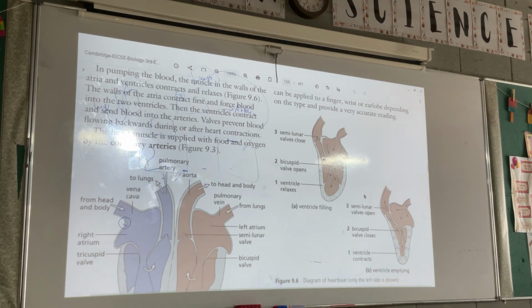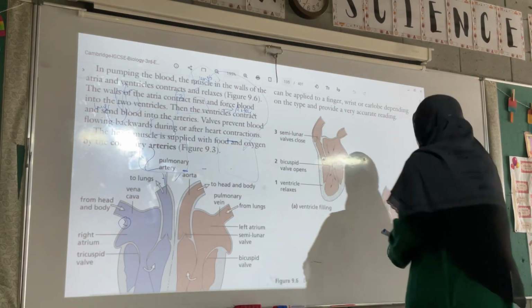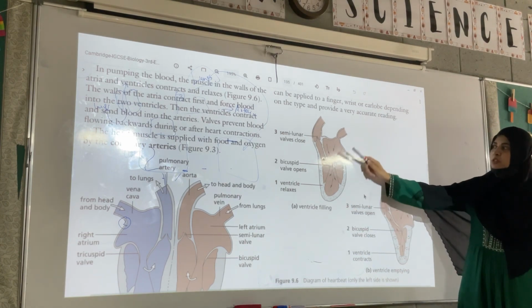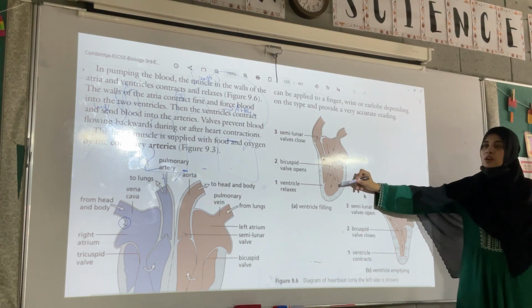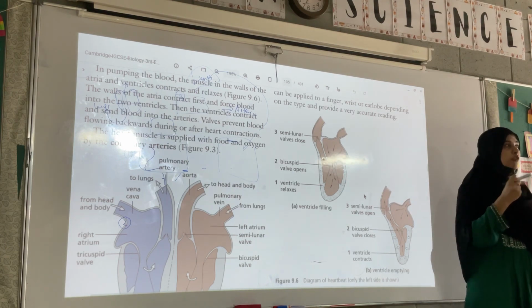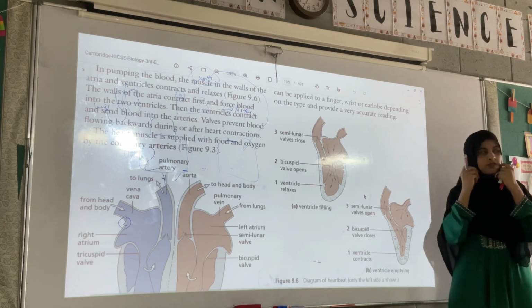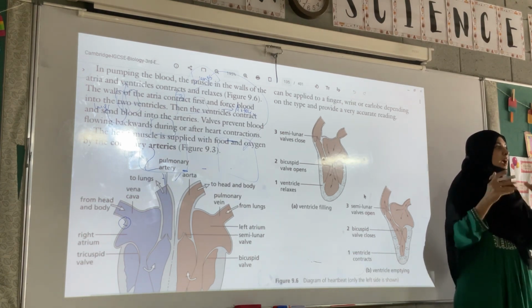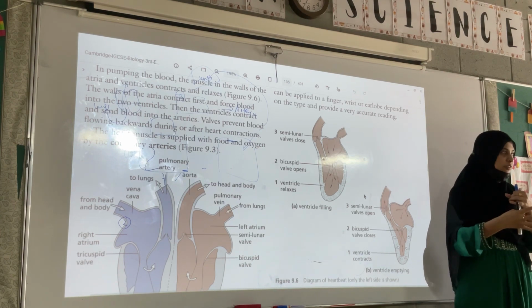And this picture is basically showing when the ventricles are filling. Ventricle filling means blood comes from the atrium into the ventricle. So when blood comes from the atrium, will the atrium contract or relax? When the blood goes from the atrium to the ventricle, the atrium will contract to push the blood to the ventricle, right?